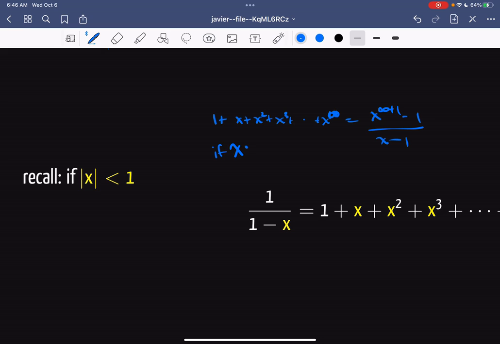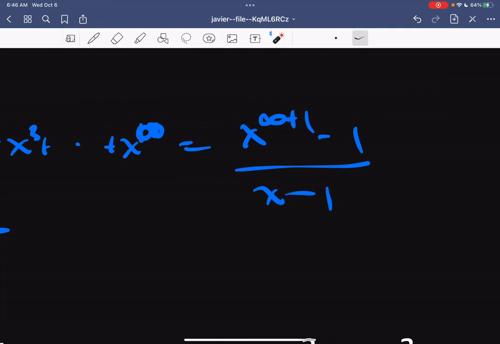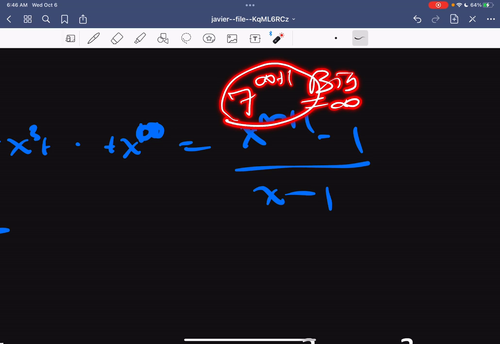If x is greater than 1, that means it's a big positive number, say like 5 or 7, then this piece right here would grow infinitely big. So imagine if you have 7 raised to the infinity plus 1. That would be really, really, really big, and that would be equal to infinity. So now you'd have infinity minus 1 all over infinity minus 1. Then you have issues, but this infinity is much, much more powerful if this is x to the 7th.